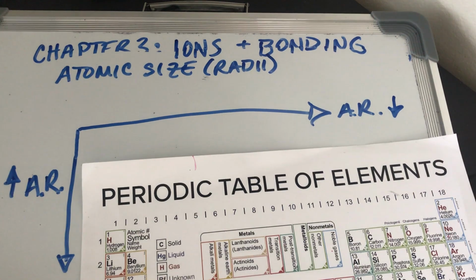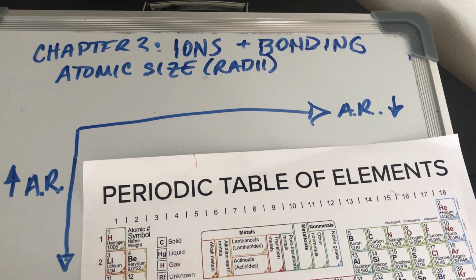So the atomic radius as you go across the periodic table actually shrinks because you have more valence electrons and more positive charge in the nucleus. And so what happens is those valence electrons get held on to more and more tightly, right? The more tightly the electrons are held on to, the smaller the atomic radius, right?